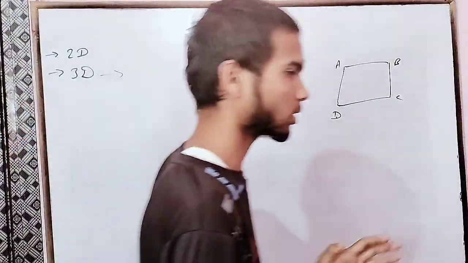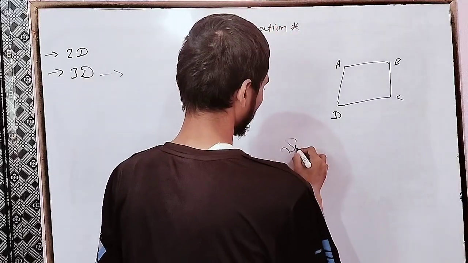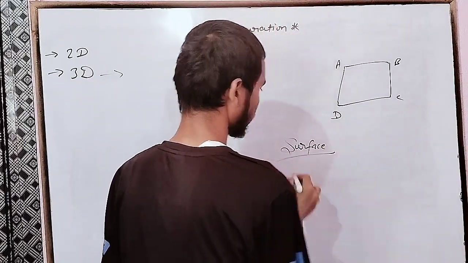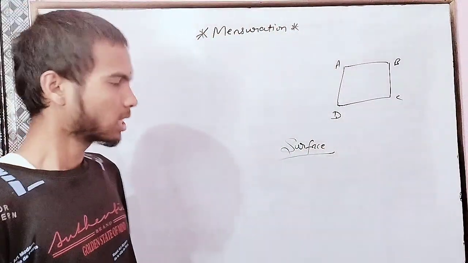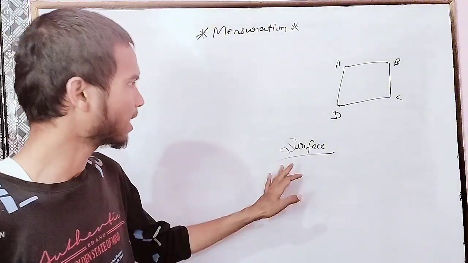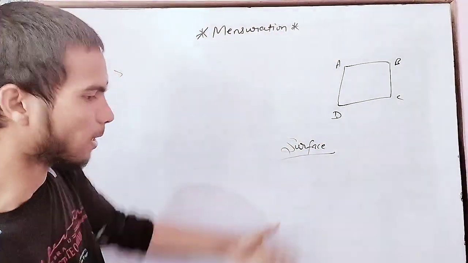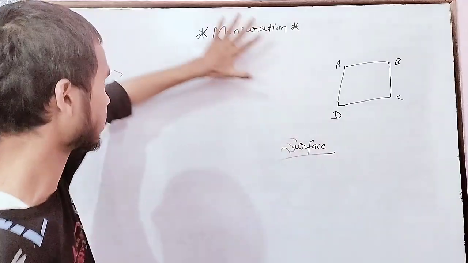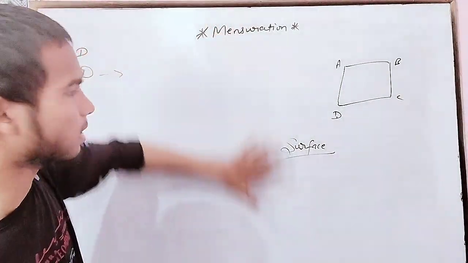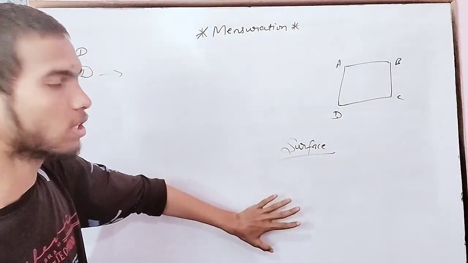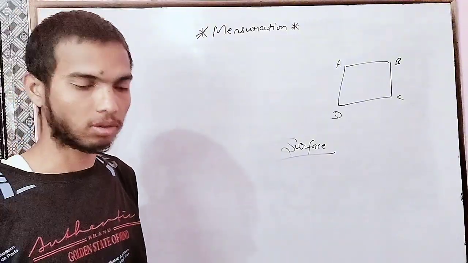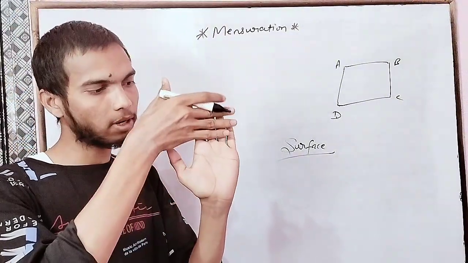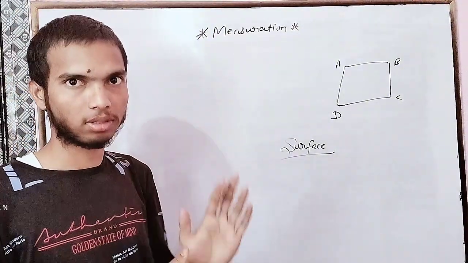And now surface. What is the meaning of a surface? This upper surface, this upper area is a surface. The upper area of this board is a surface. So the upper area of this is a surface.